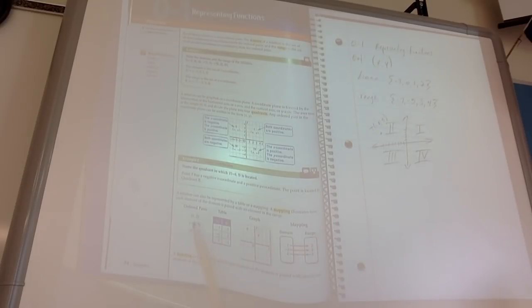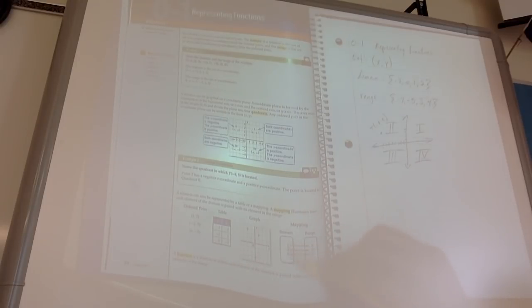You can see them listed here, and they just took the ordered pair, 1, 2, and put it in the table. X is 1, Y is 2. They did that for all 3. You can do this on a graph. Each ordered pair represents a point on that graph, and you have your 3 points there. We've got 1, 2. We've got negative 2, 3, and 0, negative 3, just like we listed as ordered pairs or as it was put in the XY table.